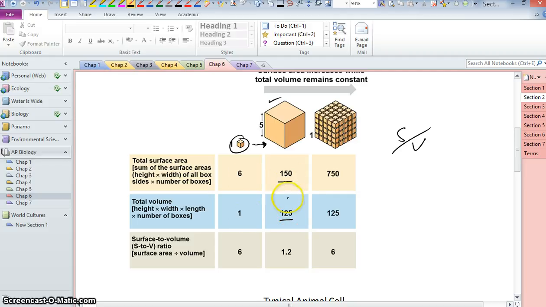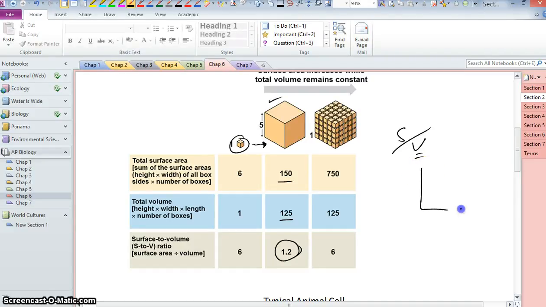Thus, your surface to volume ratio decreases because, again, the volume has increased more, and that's because surface area is a two-dimensional characteristic, and volume is a three-dimensional characteristic. And so, while surface area is increasing in those two dimensions, volume is increasing in three dimensions, so it increases at a proportionally greater rate.